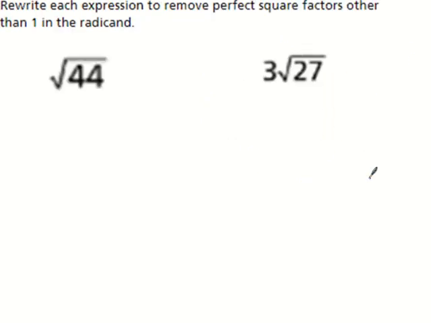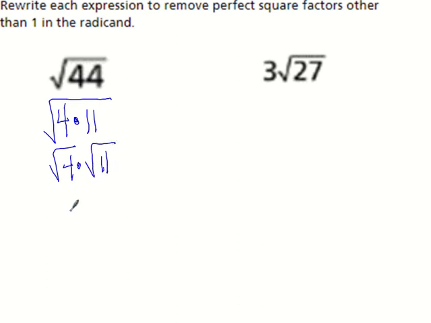All right, so it says rewrite each expression to remove perfect square factors other than 1 in the radicand. So remember, this is my radicand, 44, and we're going to square root 44, and we're going to remove any perfect squares. Okay, so 44 is the same as 4 times 11. I'm going to take the square root of 4 times the square root of 11, and I get 2 square roots of 11.